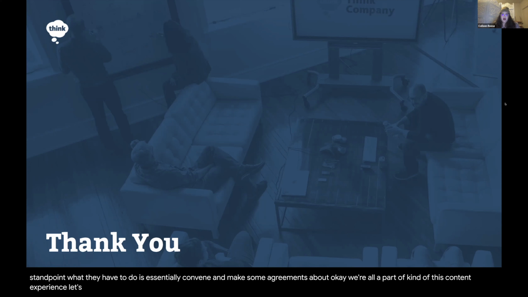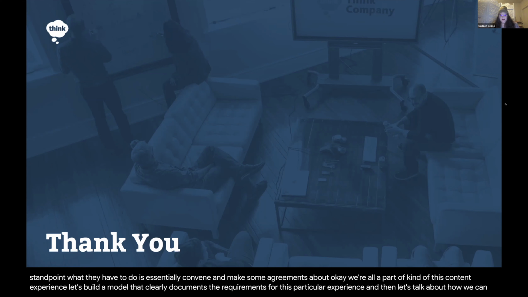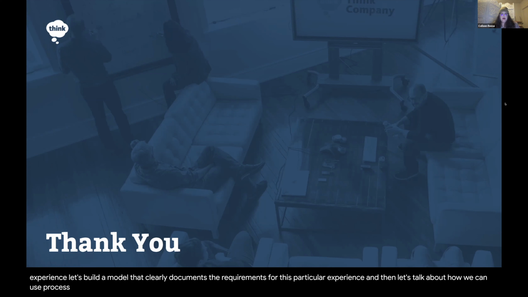Let's build a model that clearly documents the requirements for this particular experience. And then let's talk about how we can use process and technology to enable each one of those teams to distribute the content to that one location from all different types of technology.